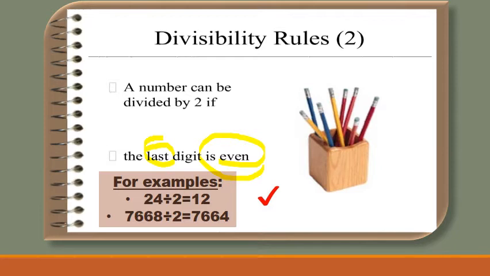For example, let us take the numbers 24 and 7668. The last digits of these two numbers are even. So, both numbers are divisible by 2.